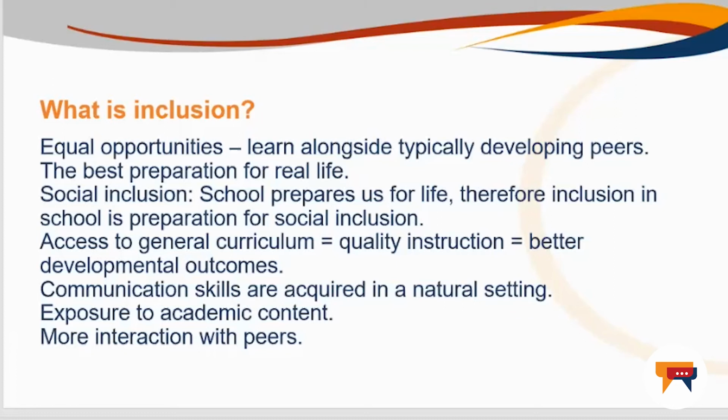And then the ideal really is to expose learners to academic content. Through exposure, we are communicating higher expectations also. So we do not know what learners are capable of. But if we don't expose them to academic content and knowledge and skills, we limit their possibilities for learning.